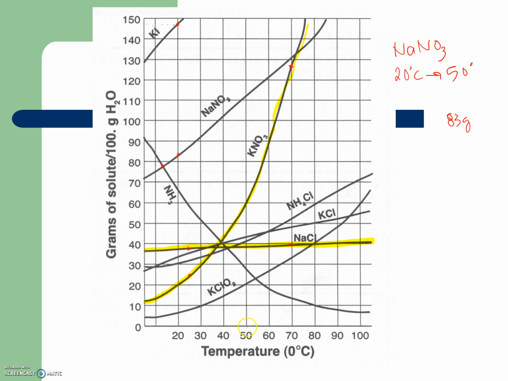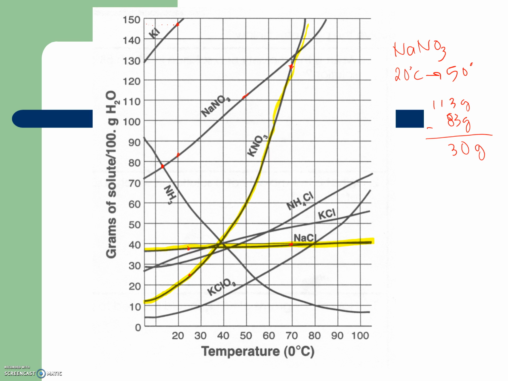And here, we're going up to 50 degrees Celsius, so I'm looking here, and I dissolve about 112, 113 grams. And so if I subtract those two, I have about a 30-gram difference. So 30 more grams of sodium nitrate dissolves between 20 degrees Celsius and 50 degrees Celsius.